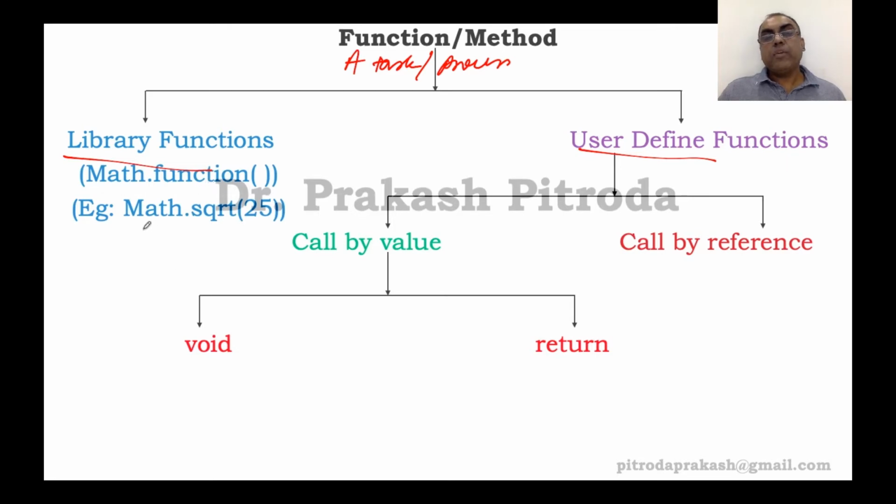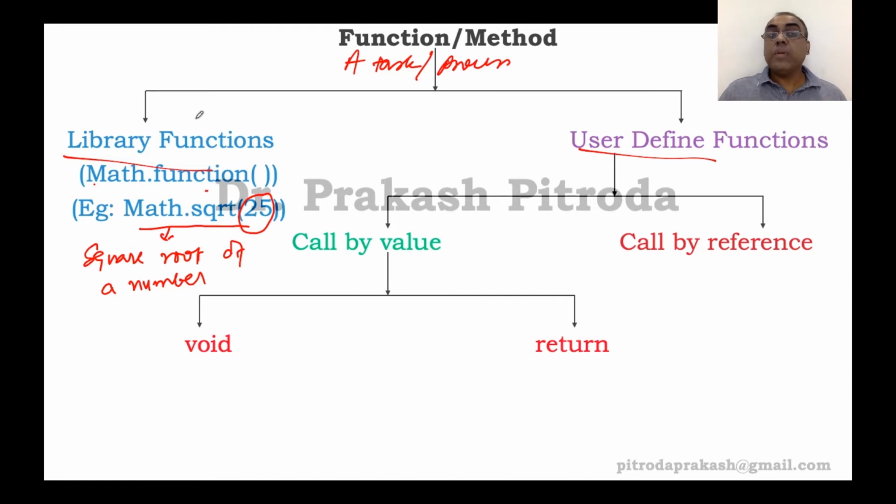It means your Math.sqrt is a function to find out square root of a number. It cannot do anything other than finding out square root of a number. So it performs a single task, one task.